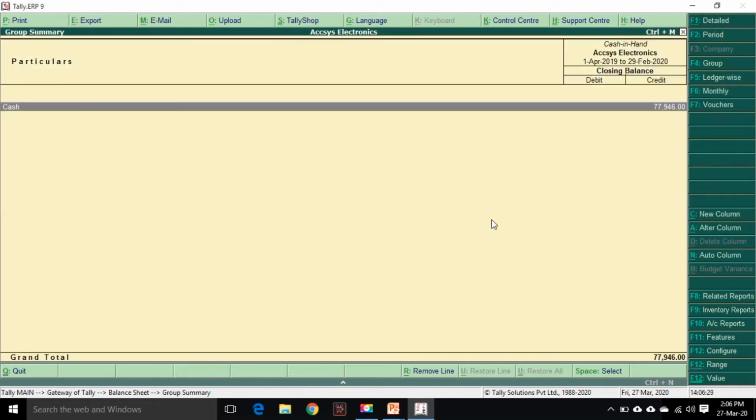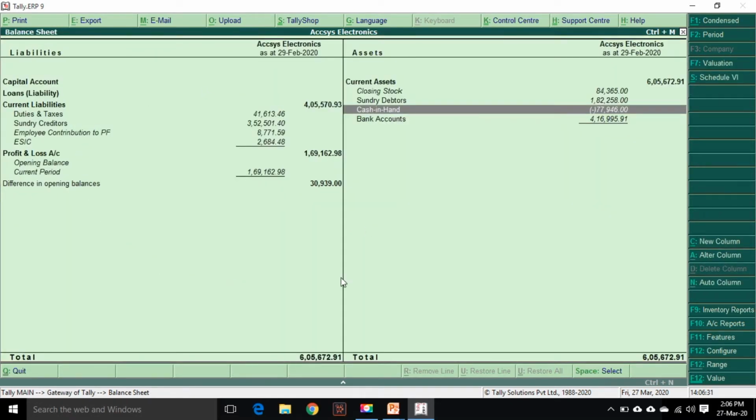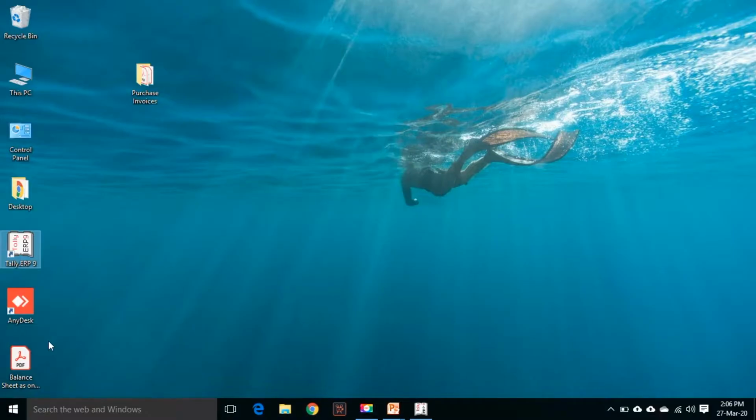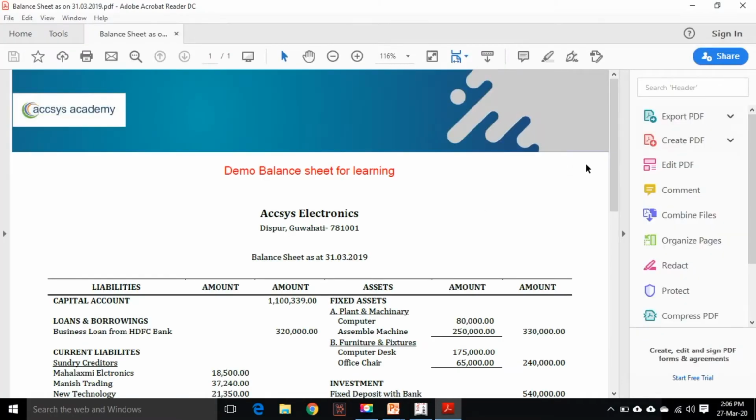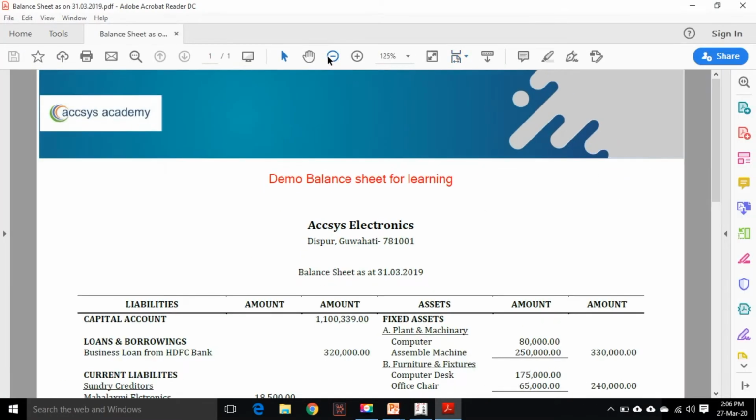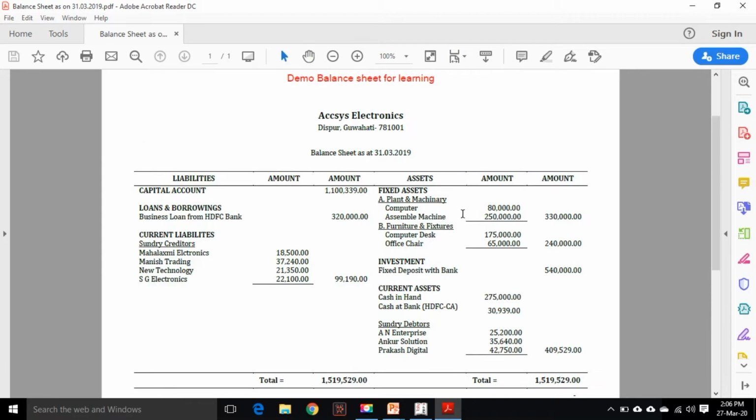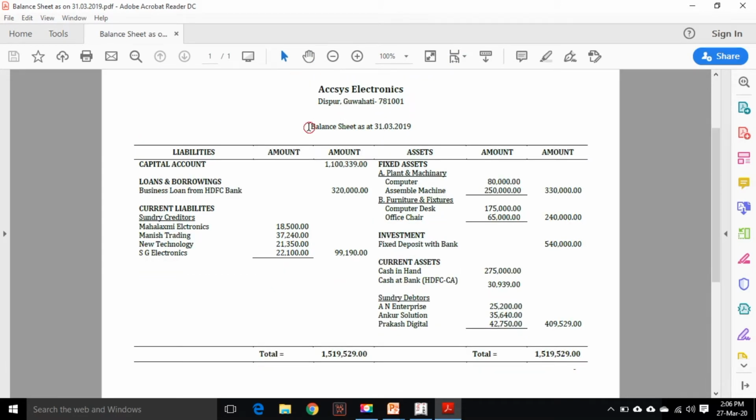So this is the reason we have to give all the opening balances of the balance sheet and all the accounts. If your business is newly started in the financial year, say 1920, then there is no need to give any opening balances because it's a fresh company. But suppose we have a balance sheet, this is the demo balance sheet I have created for Axis Electronics, a balance sheet as on 31st March 2019.